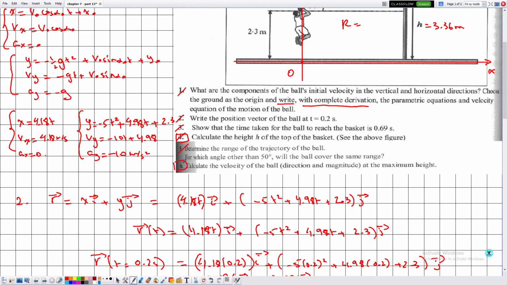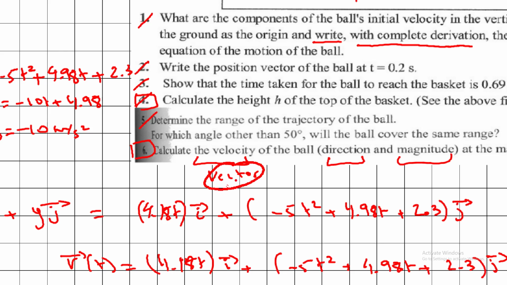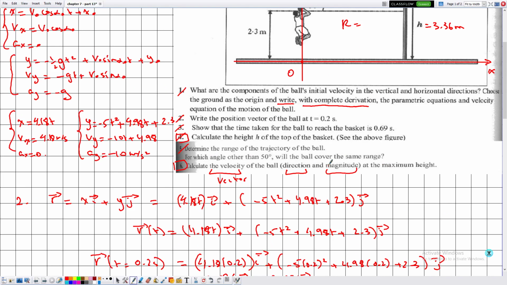As for part 6, they are telling me to calculate the velocity of the ball, direction and magnitude. So let me split the question into determining the velocity as a vector and then deducing the direction and the magnitude. Whenever we have the vector, we can directly determine the direction and its magnitude.